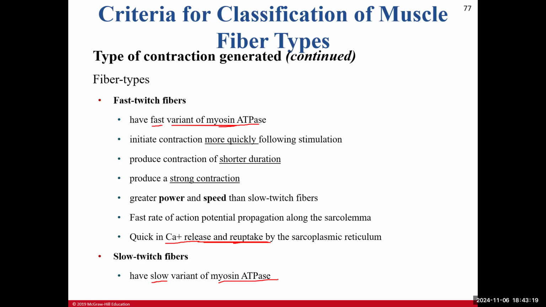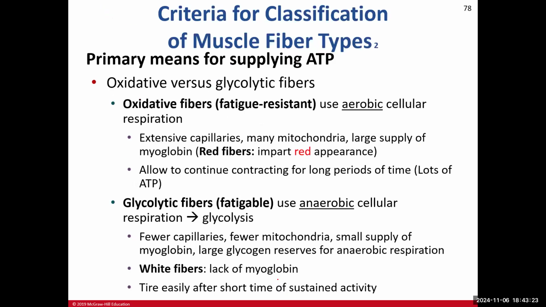Now, there's one other thing that we need to mention as we talk about our fiber types, and that is the second way that we classify these muscle fibers: where do they get their ATP? How do they get it? And so we have a couple ways listed up here.